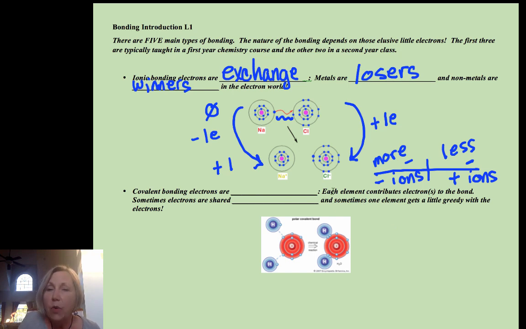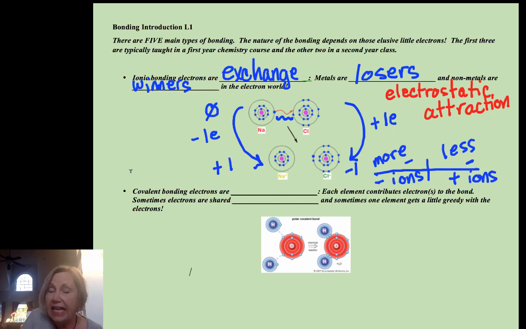Okay, so now what we have is a positive ion and a negative ion, and when you have a positive charge and a negative charge, we have an electrostatic attraction between charges. And we end up making a positive cation.